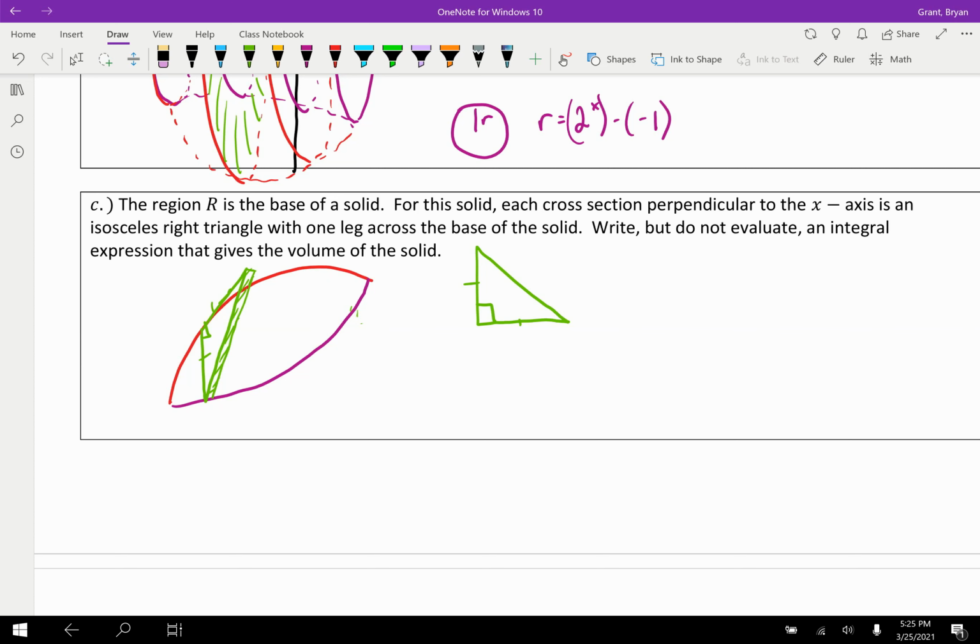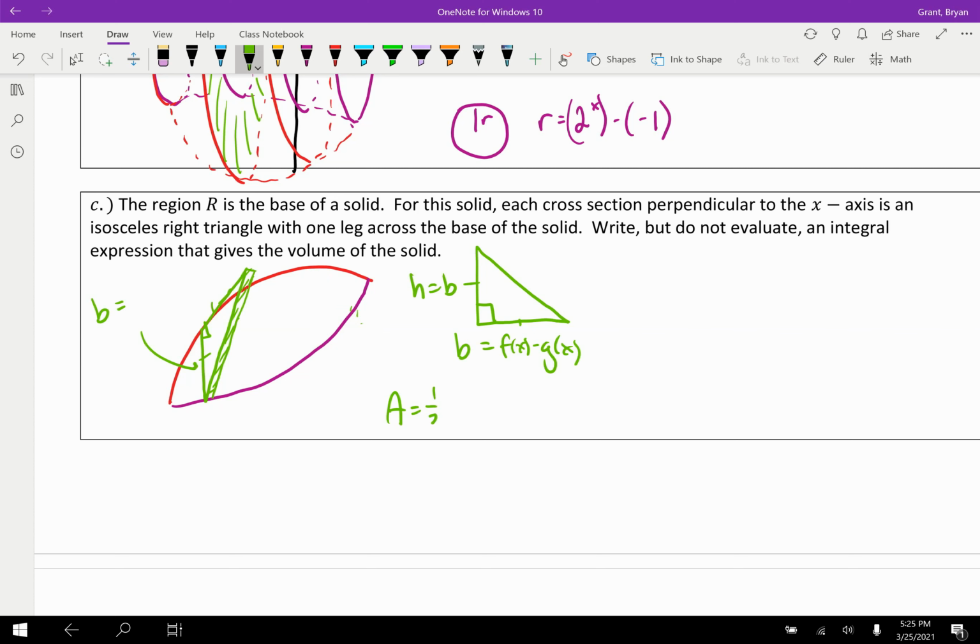Okay, well, let's go ahead and look at this guy right here, which is the base of our triangle. Right, the base of our triangle is the distance from the top function minus the bottom, so that is f of x minus g of x. The height is the same as the base. That's the whole point of an isosceles triangle. How do we find the area?